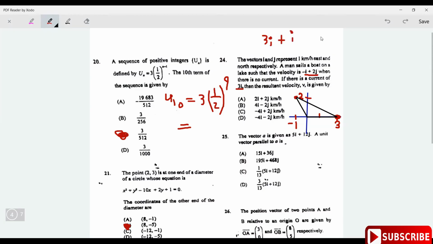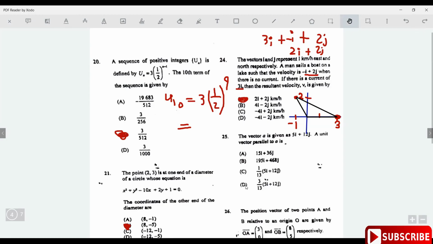That's all they're going to do. 3i minus i is 2i, so you get 2i plus 2j. Yep, that is option A. Nice, soft. All right, now this one comes every year. We know that's option C. Big repeat question, repeats every year.